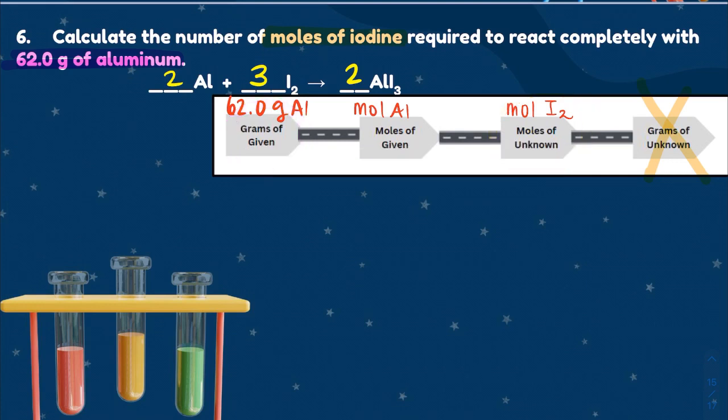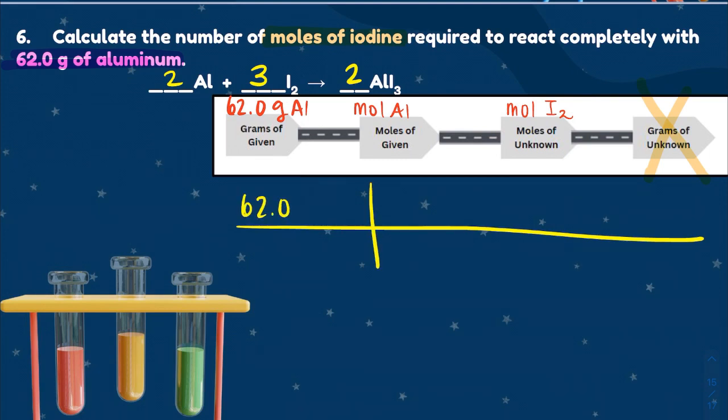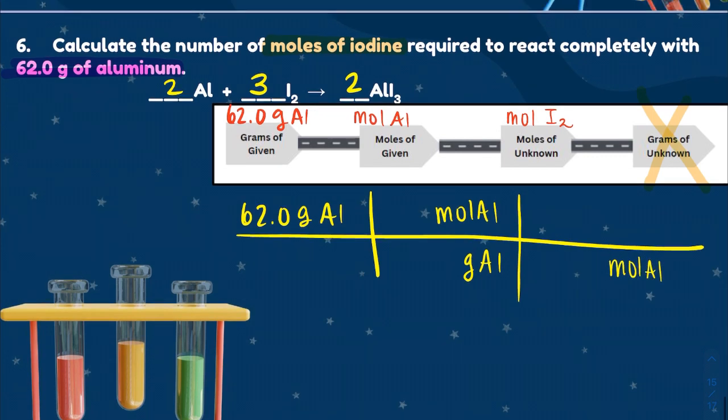All right, let's go. We're going to set up our conversion factor and start with our given. That is 62.0 grams of aluminum. I bring down grams of aluminum and go to moles of aluminum. I'll come back for the numbers later. I bring moles of aluminum down diagonal, and I put moles of iodine at the top.